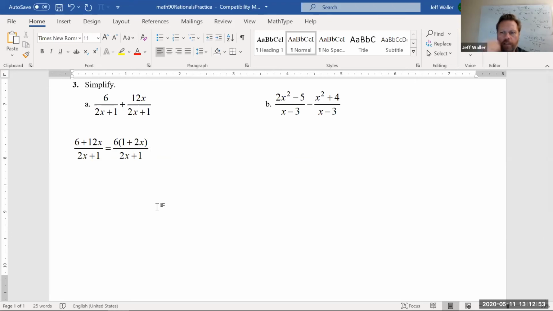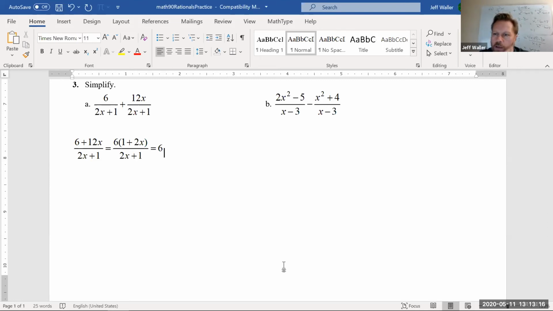Yes. And then, of course, even though it says 1 plus 2x, it's the same thing as 2x plus 1. So they still kill each other. So you still end up, eventually, with 6. Pow! Because those two things cancel, just like anything would cancel that's the same on the top and bottom.